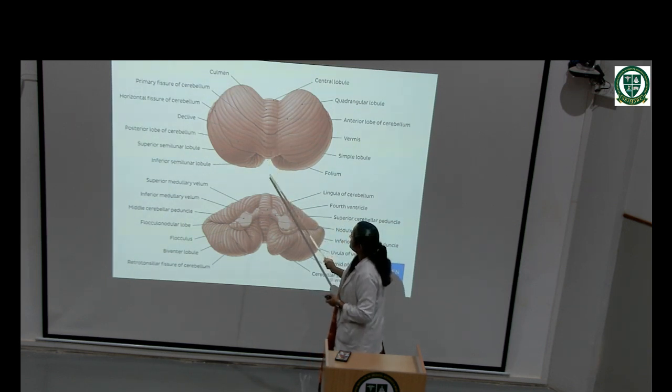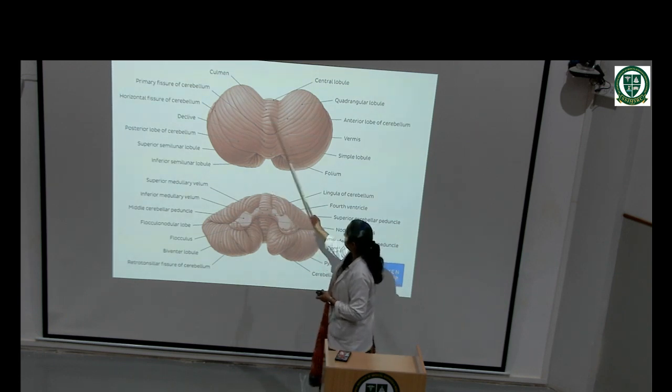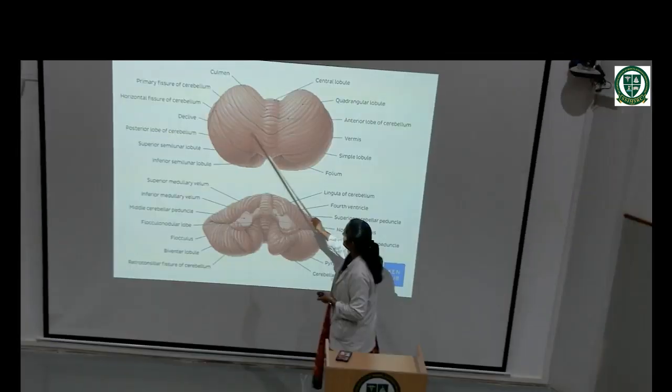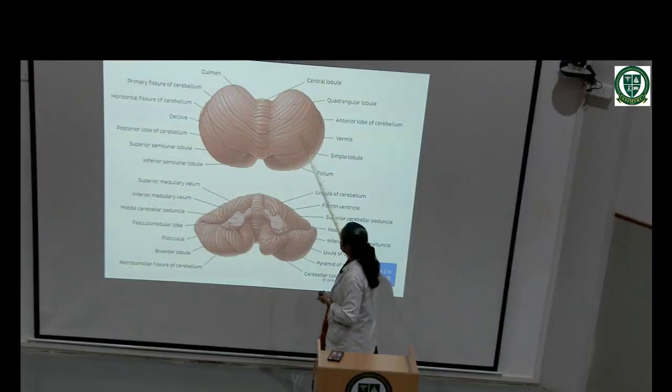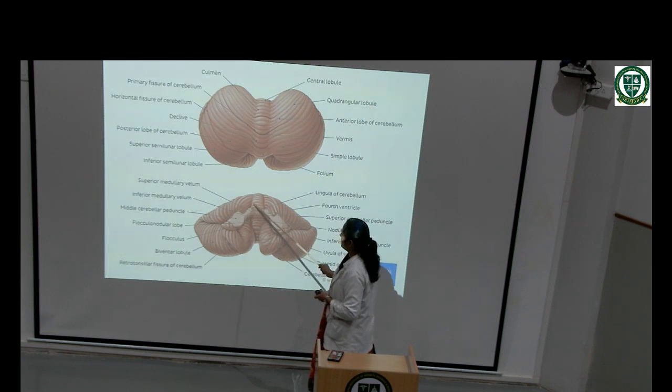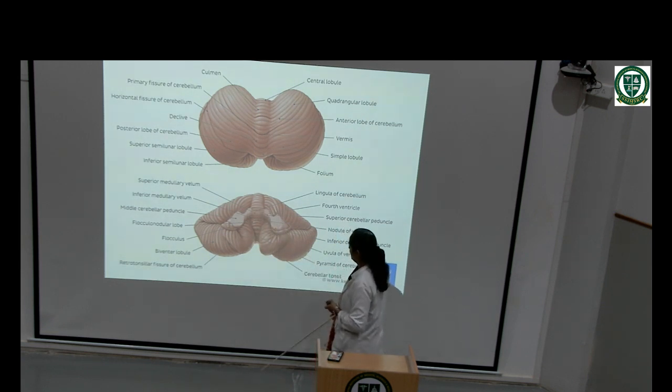As is evident in the picture, on the superior surface the two cerebellar hemispheres are continuous with each other over the vermis, whereas on the inferior surface a clear notch can be seen between the two cerebellar hemispheres, and this notch represents the vallecula.